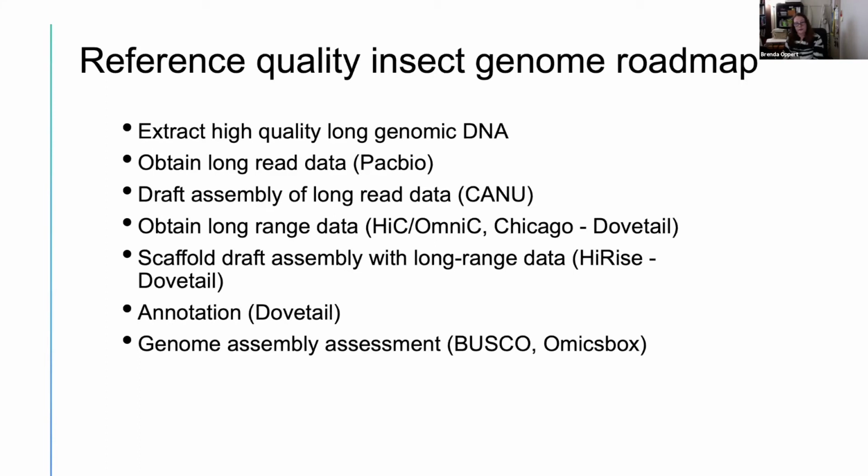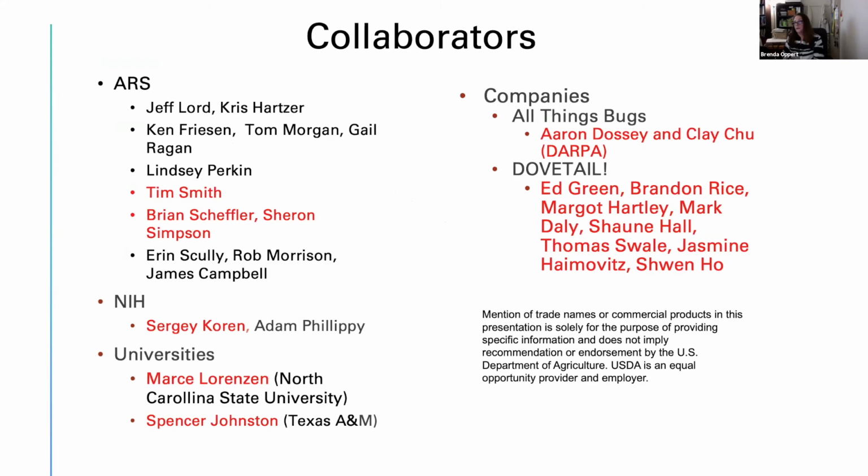And then there's a lot of tools that you can use for doing the quality assessment of the genome. So I'll end by thanking a lot of people that were involved. These are the major players in the information that I gave you today.